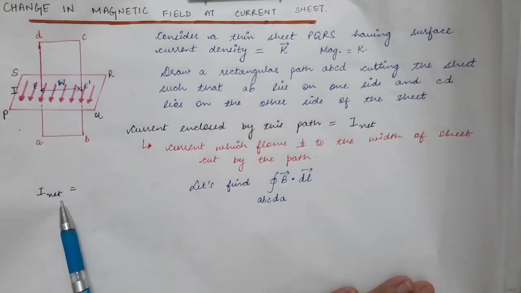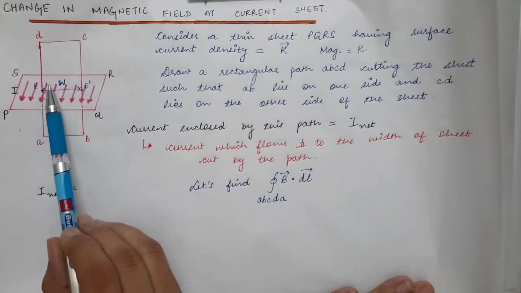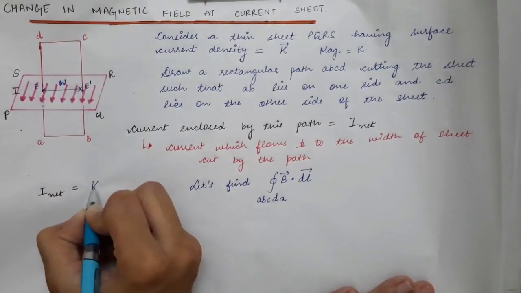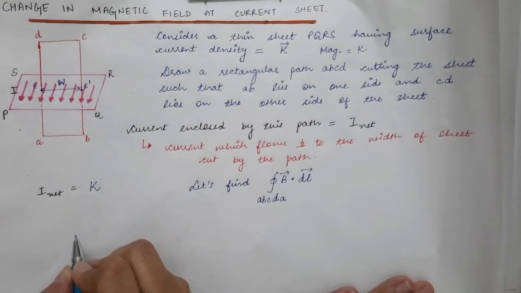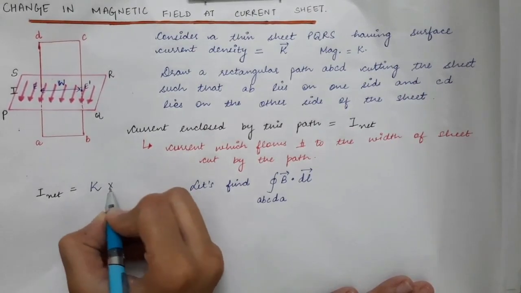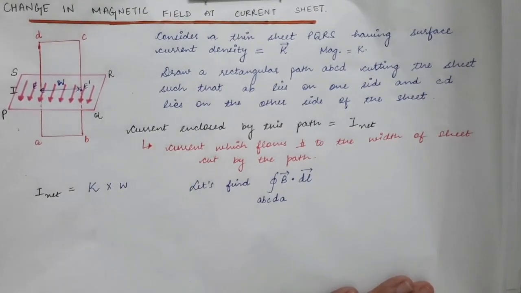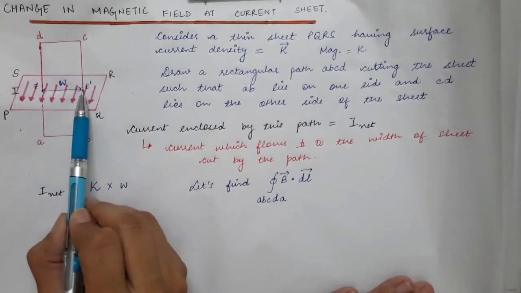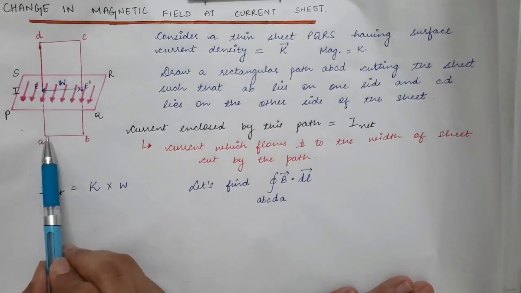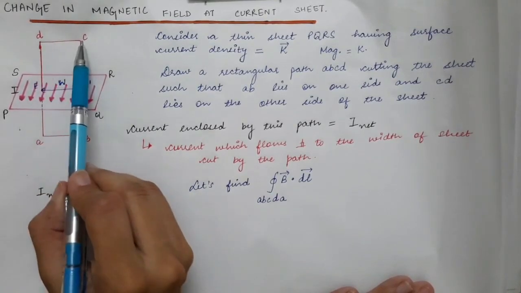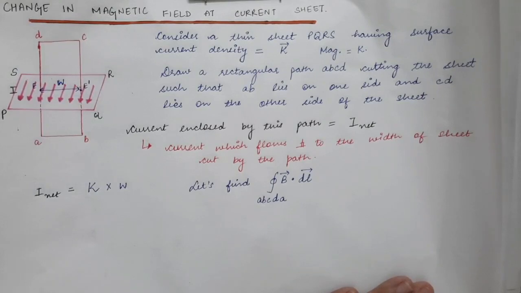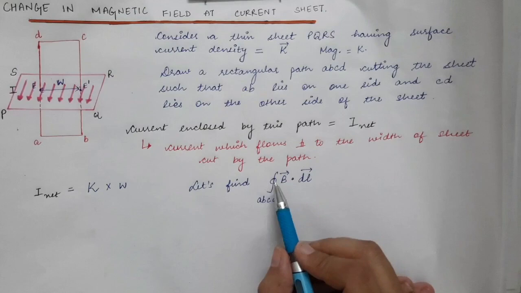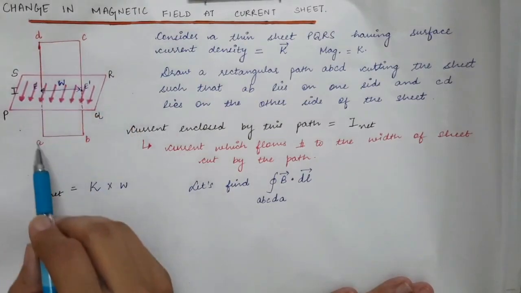So the net amount of current which is enclosed by this path, passing through this width, will be equal to the surface current density magnitude K times the width, and the width is given by W. This E prime is nothing but equal to AB, or you can say it is equal to CD.